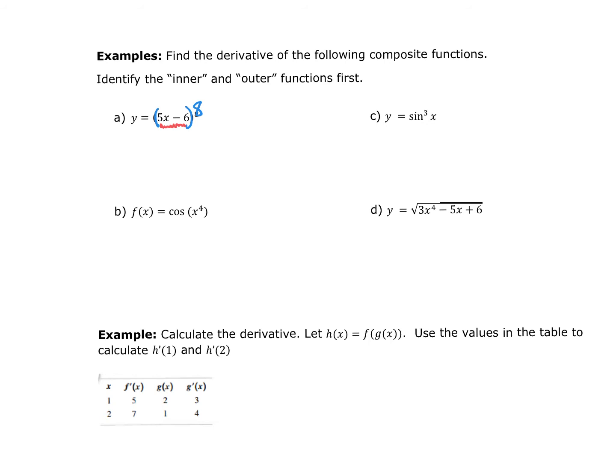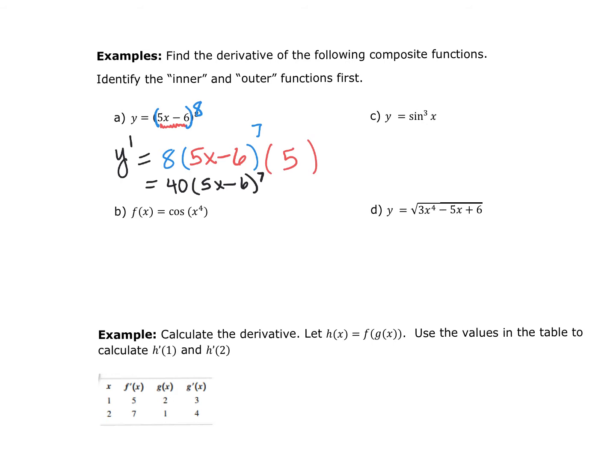So when I take my derivative, y prime, I'm going to have 8 times this thing to the 7th. So that's taking the derivative of the outside, but I'm going to leave this inside alone. And then I'm going to multiply by the derivative of that inside function, which in this case is just 5. So in the end, we're going to have 40 times 5x minus 6 to the 7th.